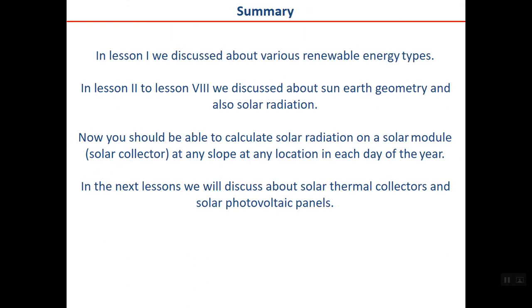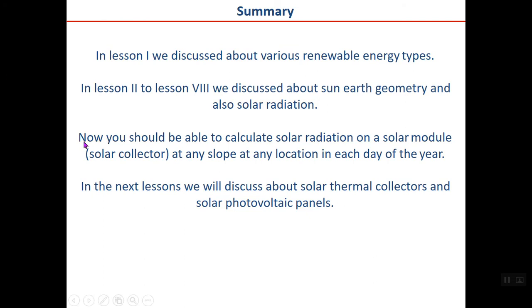Now let's summarize. In lesson 1, which was the first lesson, we discussed various renewable energy types, if you remember. And then in lesson 2, we started to discuss solar geometry, and then solar radiation up to today, which is lesson 8. In lessons 2 to 8, we discussed solar geometry and also solar radiation. Now, what I expect from you is this.